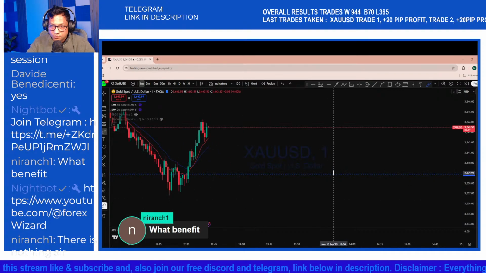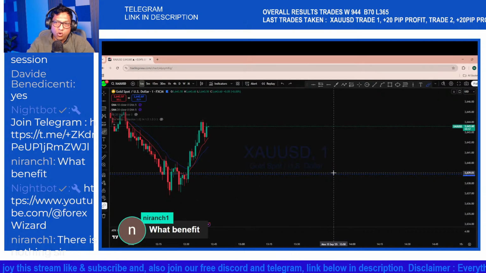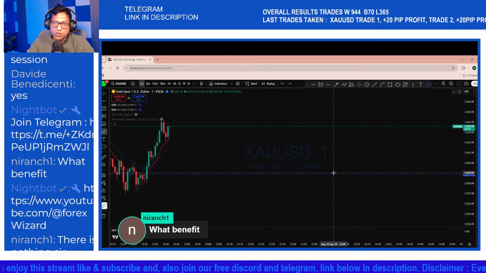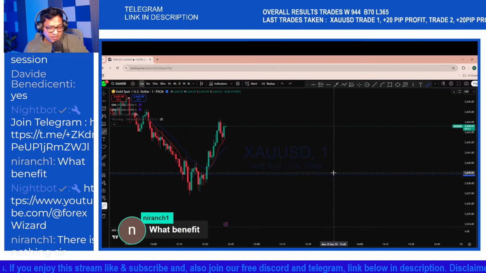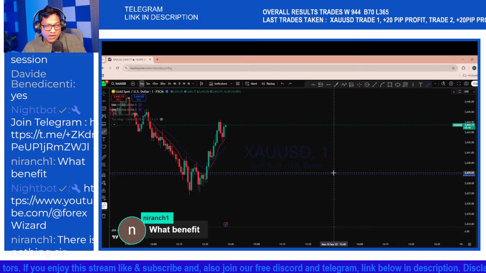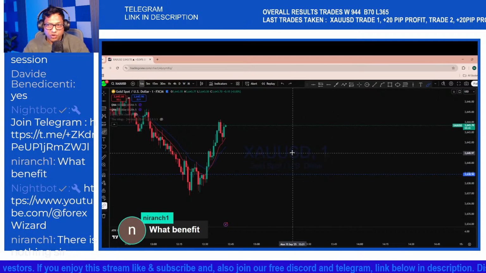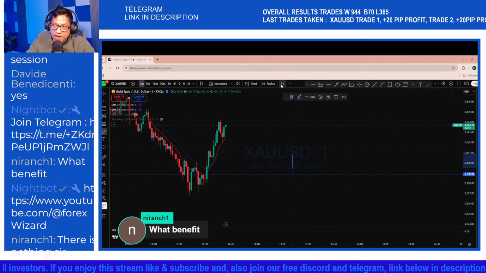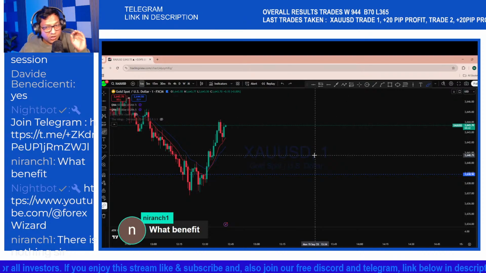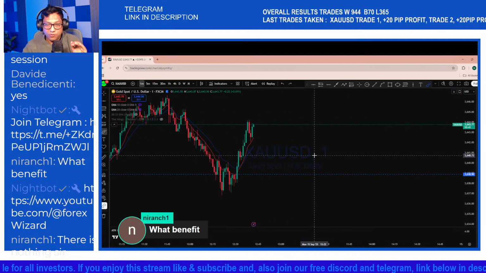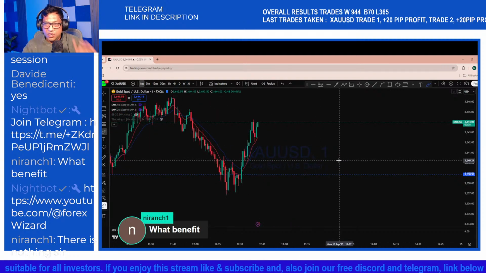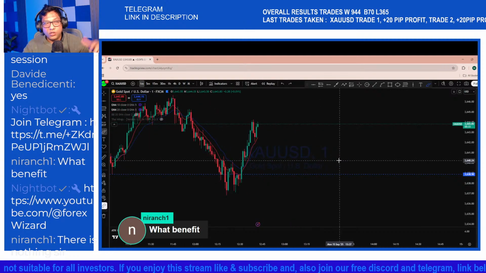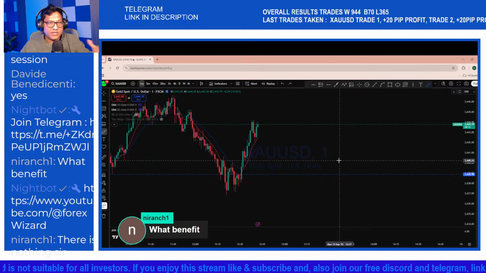Now why is it so powerful? Because you need to combine the trend with the session's high or session's low. That's how trading works. So always keep in mind that trading with the trend is the most profitable trading system, going with the flow. Now, when you go with the flow, you don't have to spend almost any energy, right?